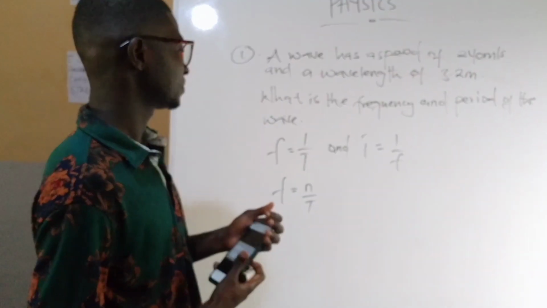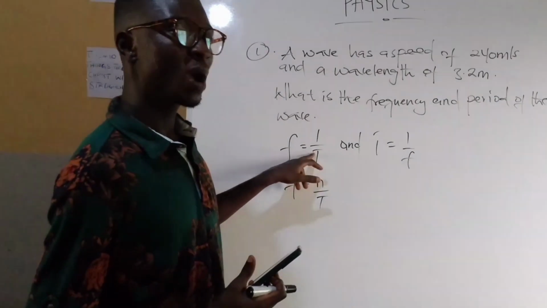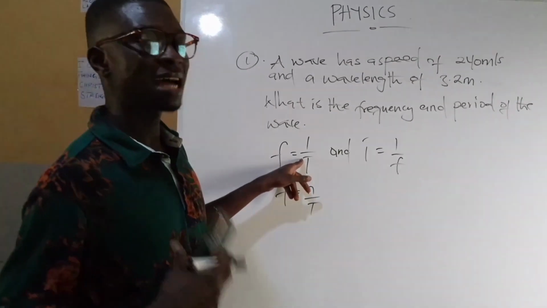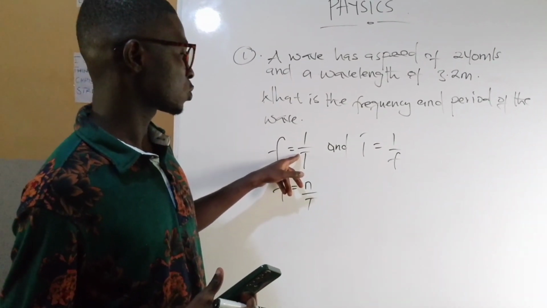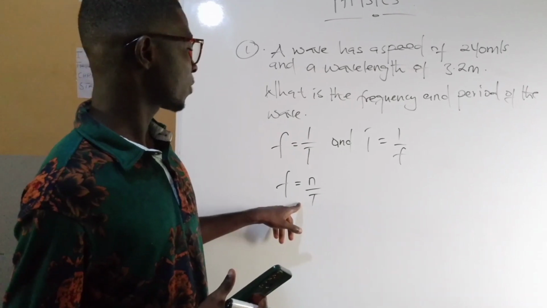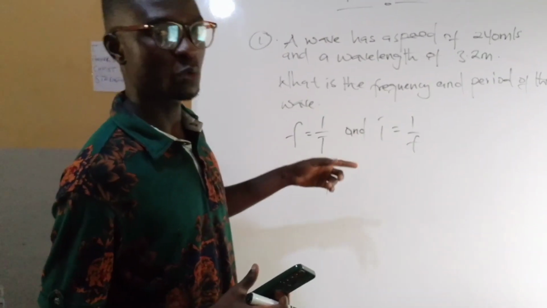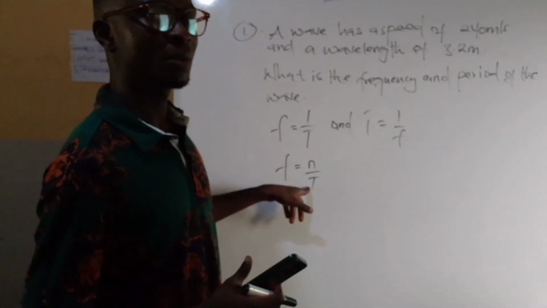So take note of that. So what happens if the number of oscillations is not one? You should note that frequency is equal to the number of oscillations, if it happens to be more than one, divided by the period.